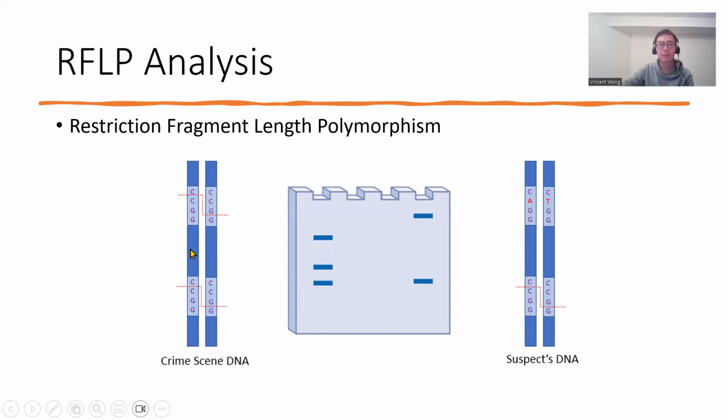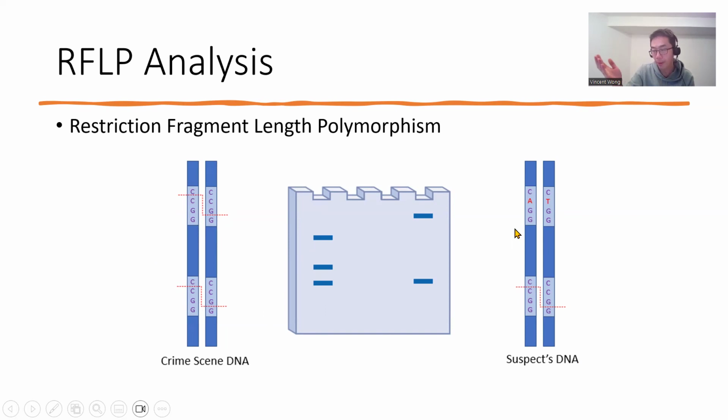We're going to take the DNA and treat it with restriction enzymes. Let's say the restriction enzyme recognizes CCGG. In this DNA sample, there are 2 such locations, and it will cut it twice. That's going to create 3 bands: 1, 2, 3.